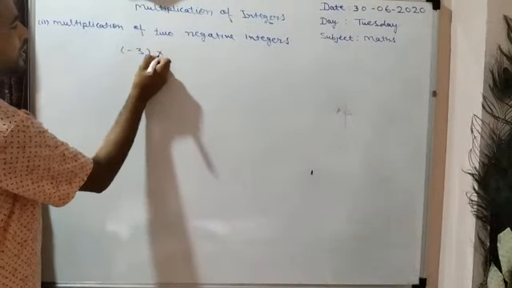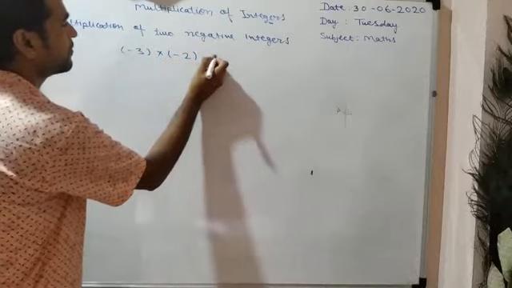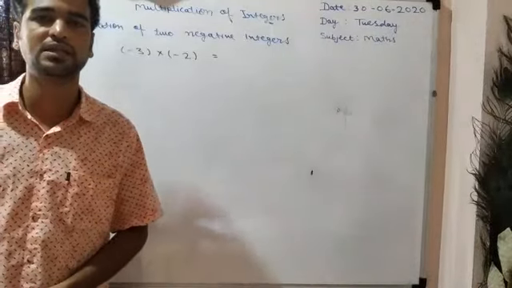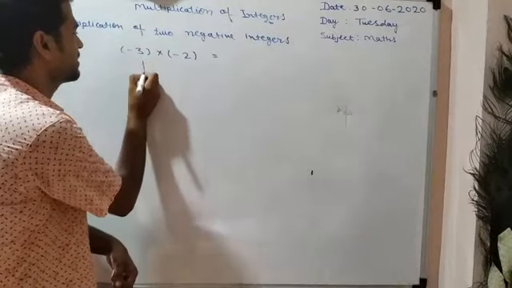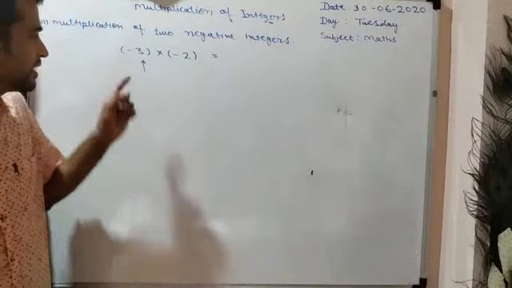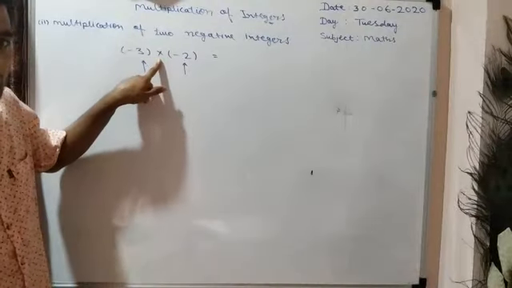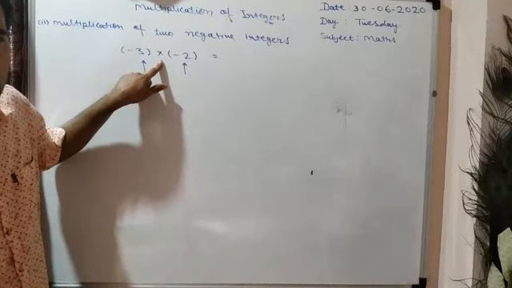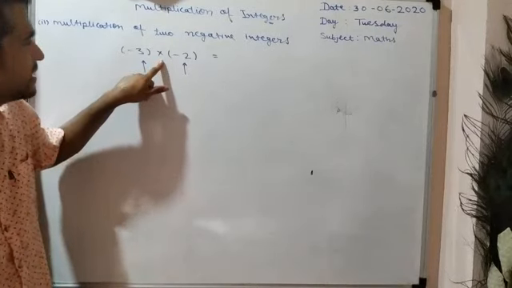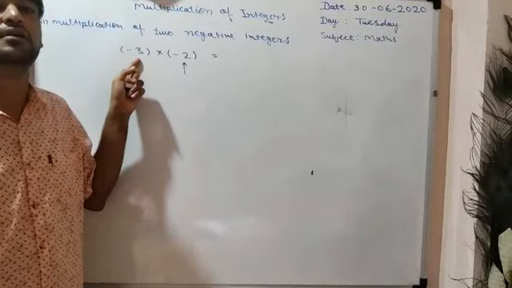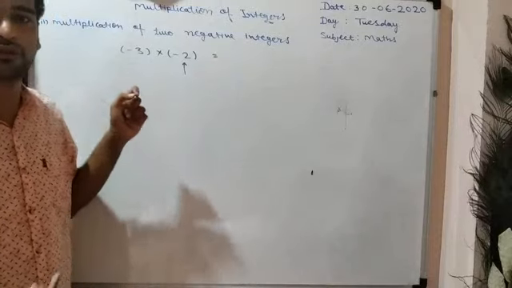Okay, minus 3 into minus 2. We want to multiply these two negative integers. The first integer is negative, that is minus 3, and the second integer is minus 2. Again, here we have a multiplication sign, so the next negative integer we wrote in a bracket. Here you may ask, sir, why are we not writing a bracket for this minus 3? Because we do not have any operation before minus 3.